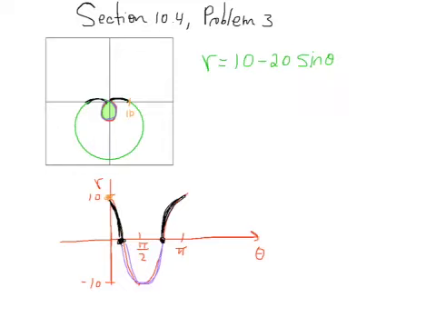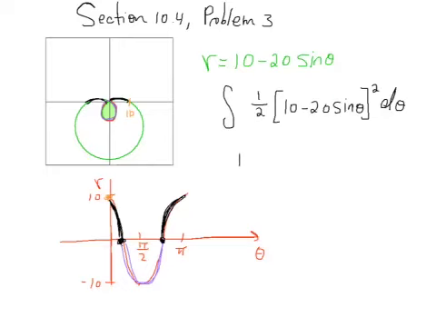That's the only hard part, is to figure out what the range of thetas are, because the integral is going to be 1/2 (10 minus 20 sine theta) squared d theta, and I've got to figure out those angles.